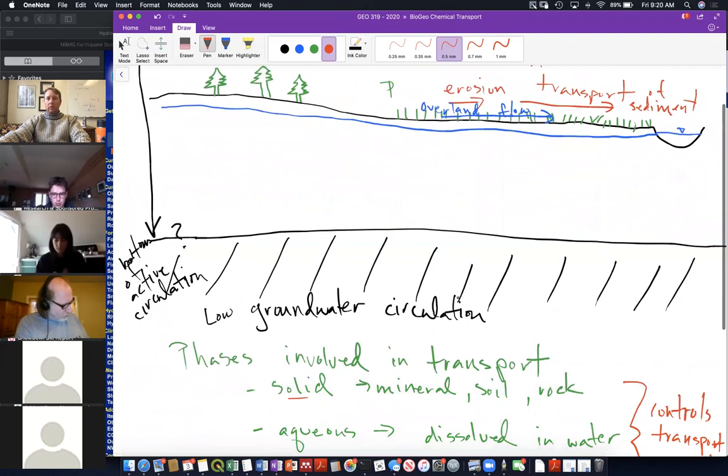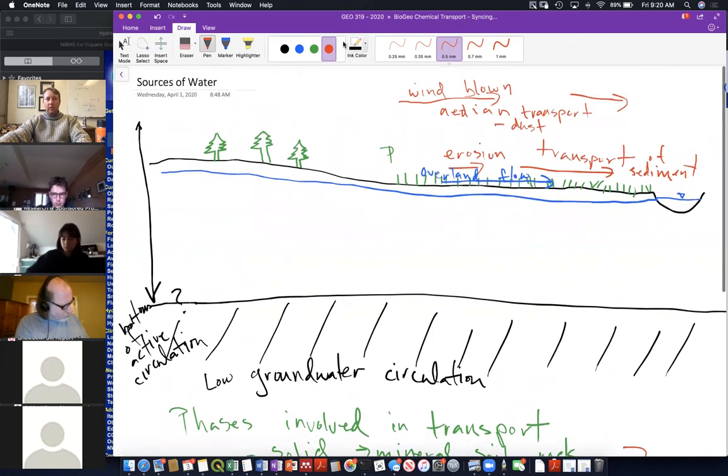Okay, so we've done solid, and solid is both nitrogen and phosphorus can get transported via these overland processes, all right?